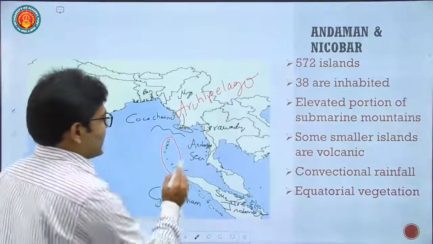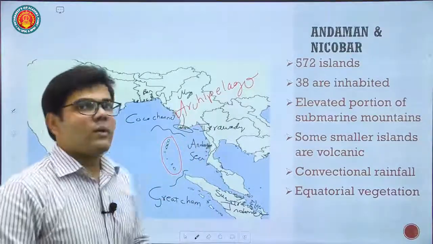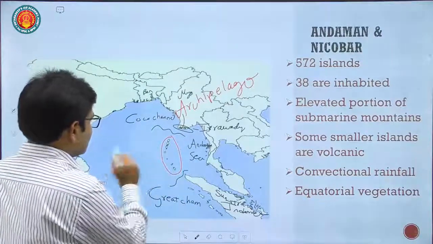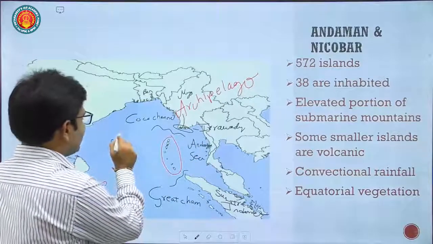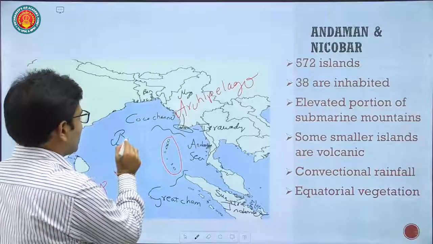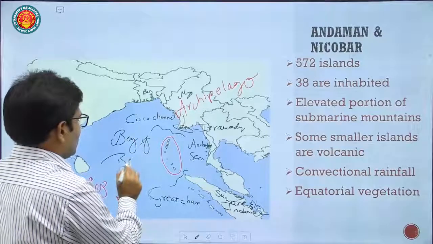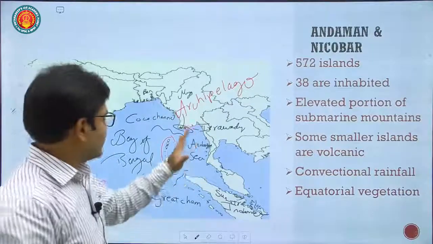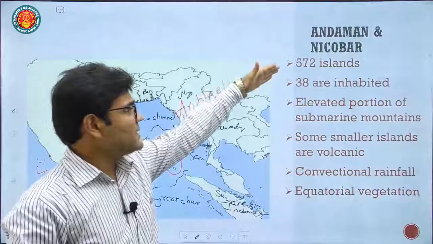To the east of the Andaman and Nicobar Islands, we have the Andaman Sea, and in the west we have the Bay of Bengal. This is the position of the Andaman and Nicobar Islands. Now the basic features.